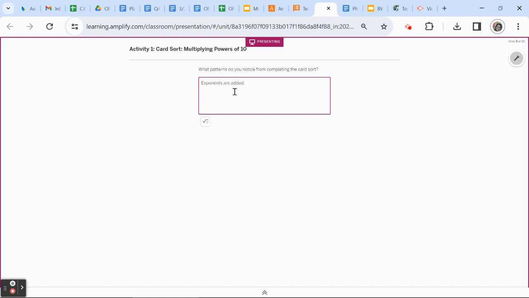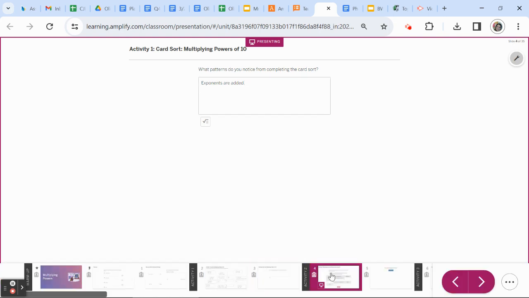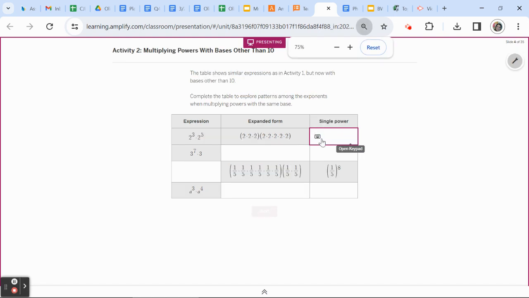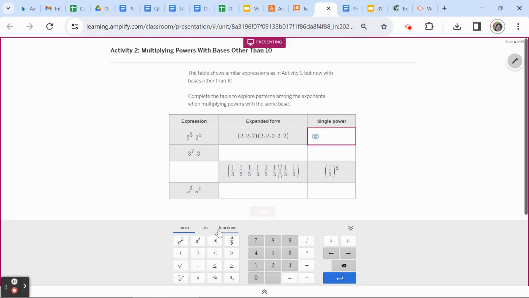Okay, now we have activity 2. To a single power, how would we write this? You're going to use your special calculator and the AB button. A is your base, B is your exponent. So we have 2 to the, well, 3 plus 5 is 8.